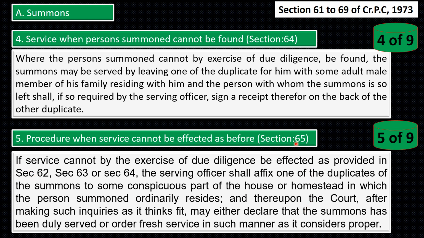65 is the part where it is said that if the person is not available, or when we are not able to serve the summons even as given under Section 64, that it could be given to any other male member of the family, and even if that is not possible, then the provisions of 65 say that in such cases the summons should be affixed, pasted on some conspicuous part of the house, meaning a part of the house which is visibly clear to the visitor or to the person to whom the summons has been issued.